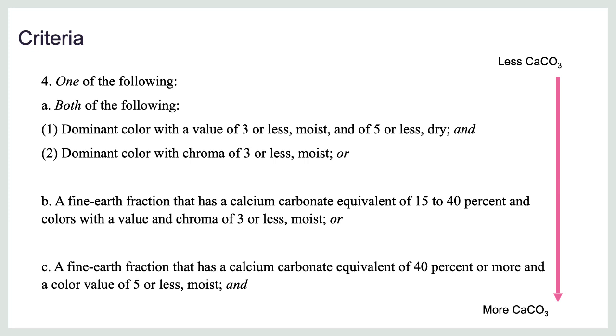If I don't register calcium carbonate, that's the easiest way to identify. So let's check the color. But if I register calcium carbonate, then I need to measure the content of this calcium carbonate and check the color, because the color could be 3 or 5 or of course less than this.